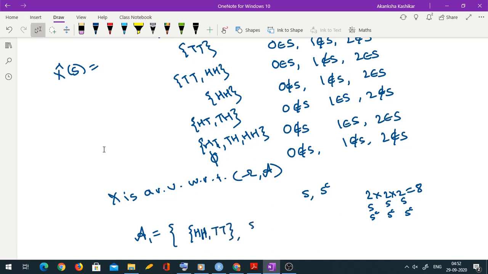HHTT as one set, its complement, so HTTH, as another set, and of course omega and phi. Now even with 4 sets, this is a perfectly valid sigma field.